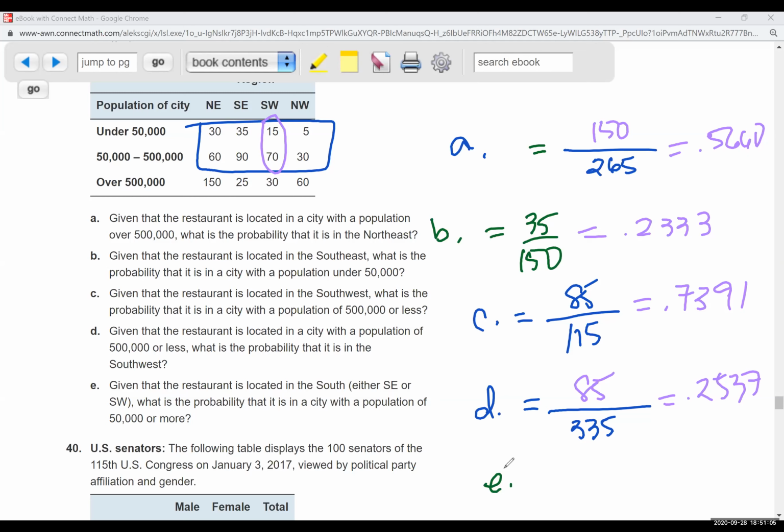Last one, given that the restaurant is located in the south, meaning southeast or southwest, what is the probability that it is in a city with a population of 50,000 or more? So what do we need to do here?